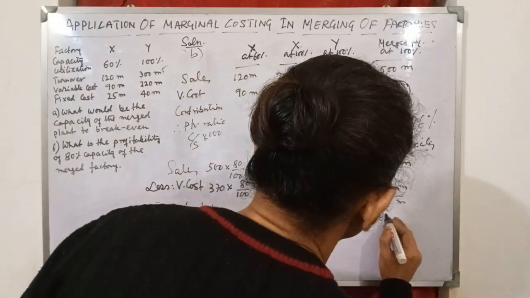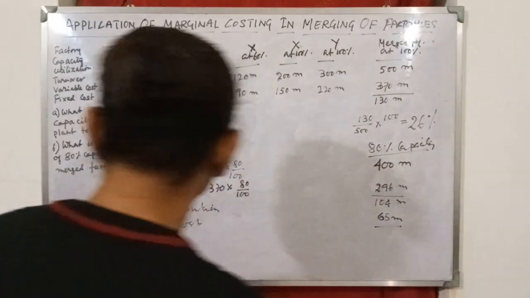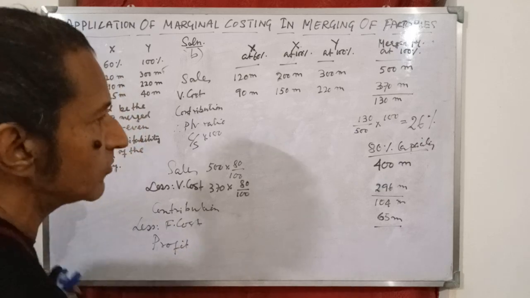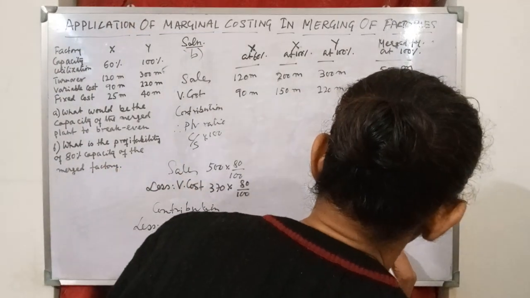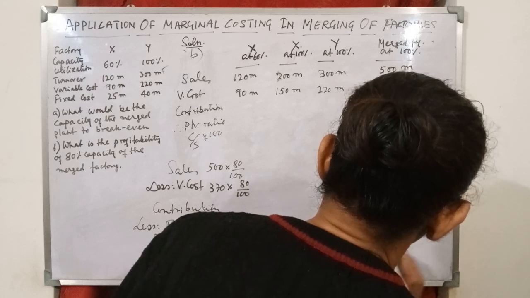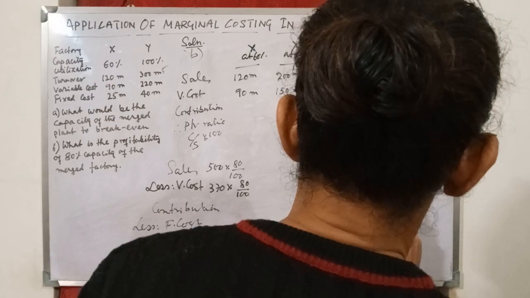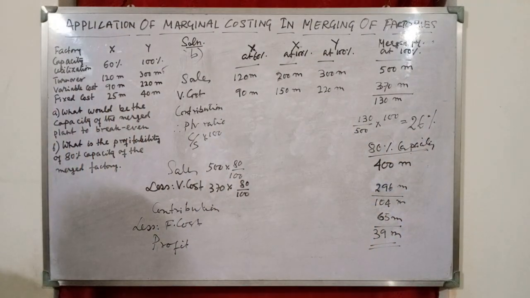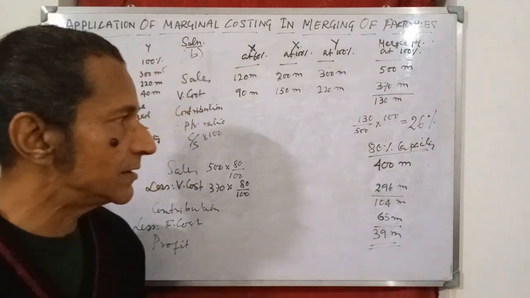So what is the profit? 104 minus 65, that is 39 million. So the profitability of the merged plant at 80% capacity is 39 million.